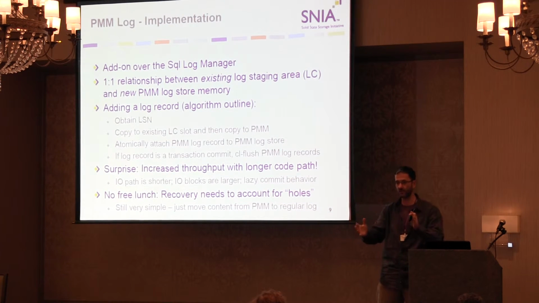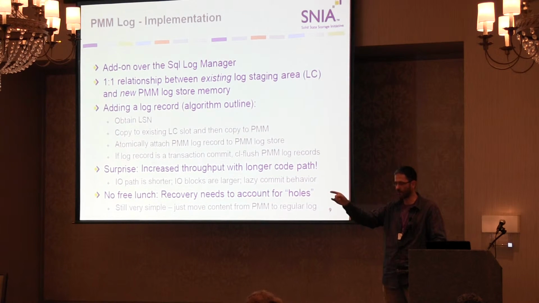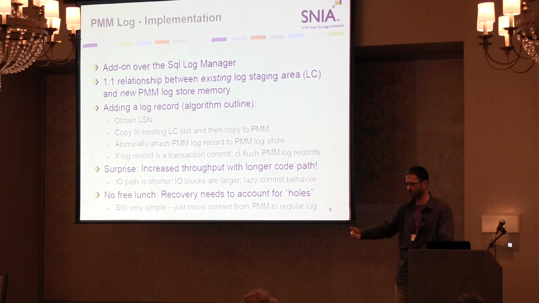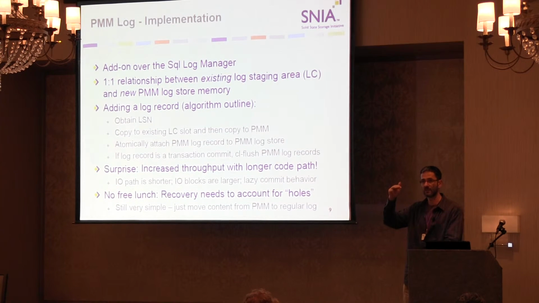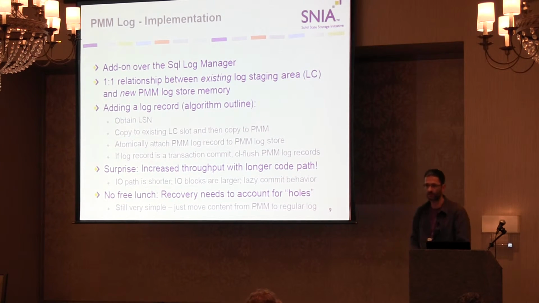So it's a situation that you need to account for. So there's no free lunch, really, but it's interesting that although you copy in two places, your overall throughput goes up, even in a system that was 100% CPU saturated when you started the experiment. So we didn't expect that behavior.